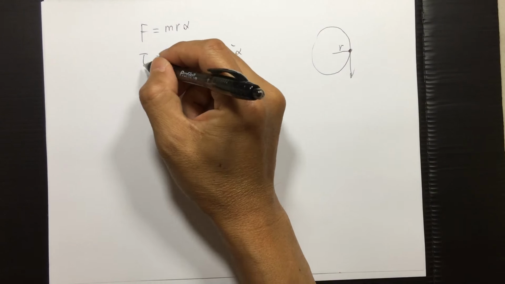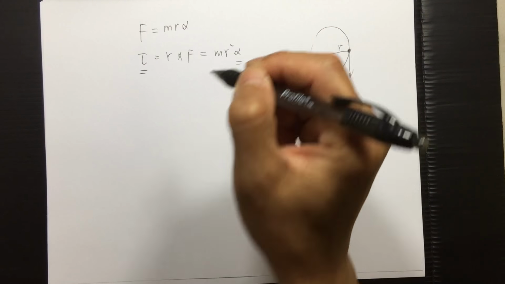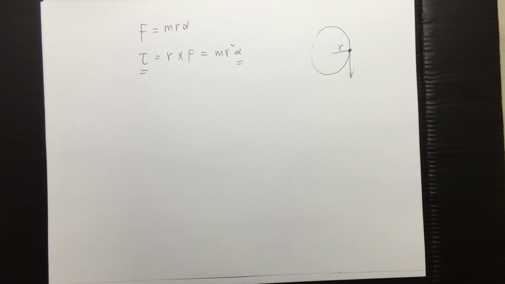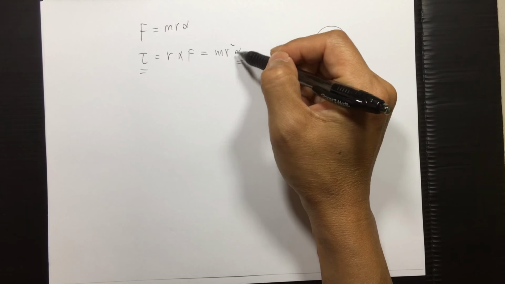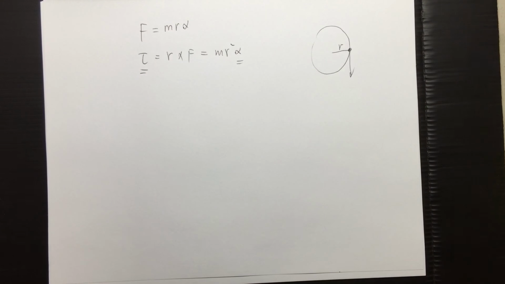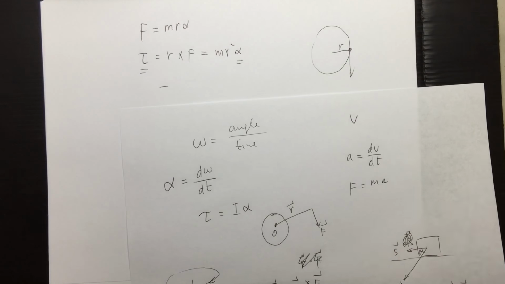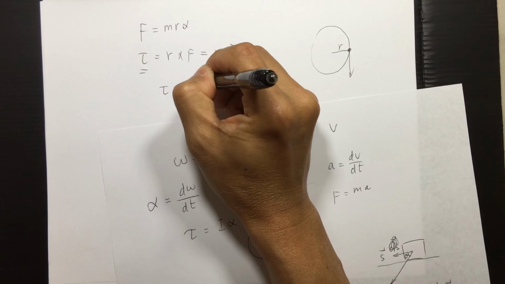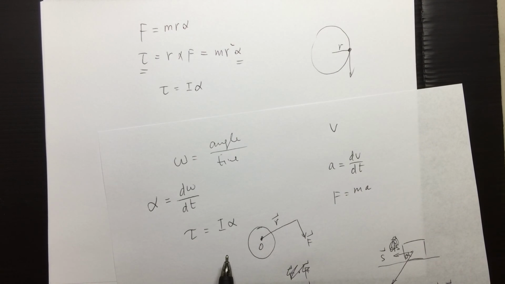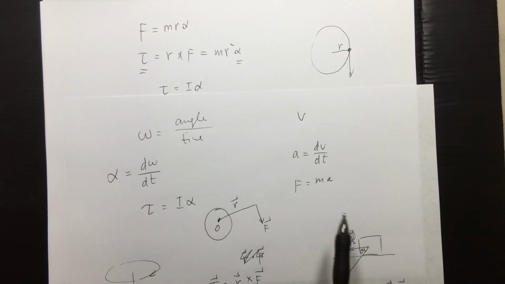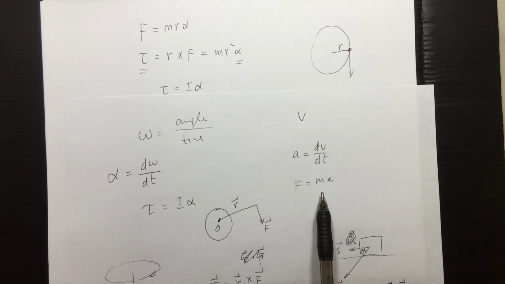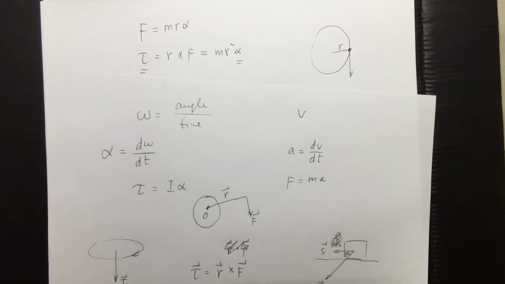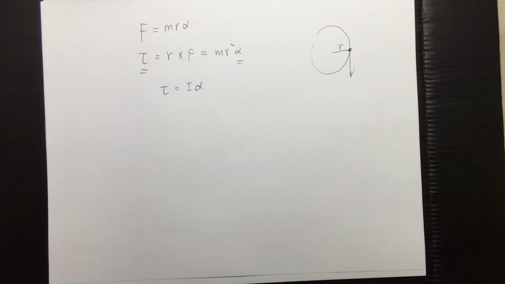If you make this force, if you make this acceleration, this is your I, remember? We just said we want to have some kind of a thing here to resemble ma. And this thing here is m r squared.